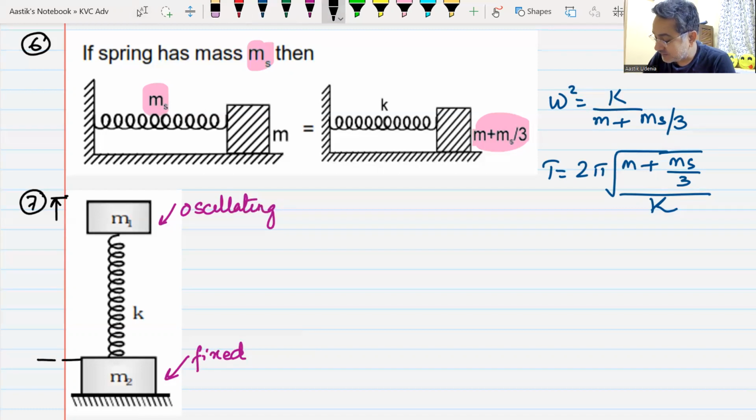If the natural length L naught is like this, it would be compressed. By how much amount would it be compressed? It is compressed here by x naught. This is the mean position. How much is x naught?